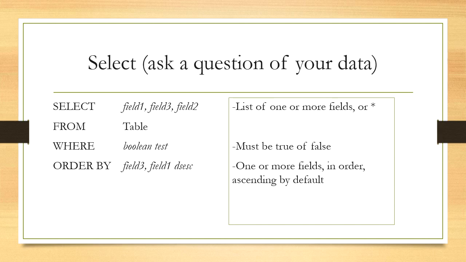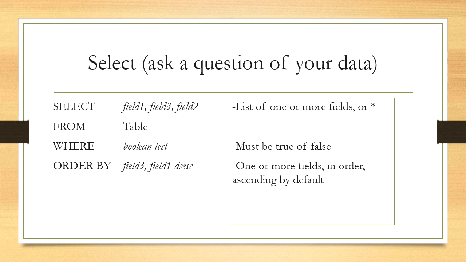And you apply whatever logical test you put here, and if the data for this row in the table passes and is true according to your test, maybe you're testing that there's temperature data, and you just want to see records for days where the temperature was above 20 degrees, right? That's your Boolean test. Temperature greater than or equal to 20 degrees.